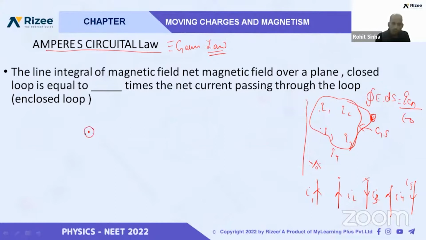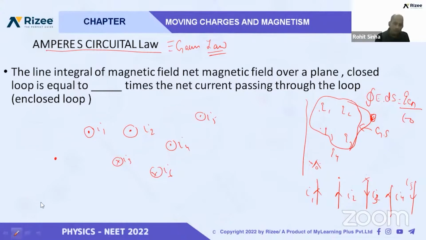So suppose we have currents I1, I2, I3, I4, I5, I6, a number of currents, and we have to find the magnetic field at this point.